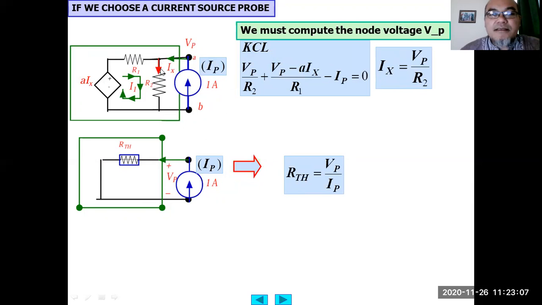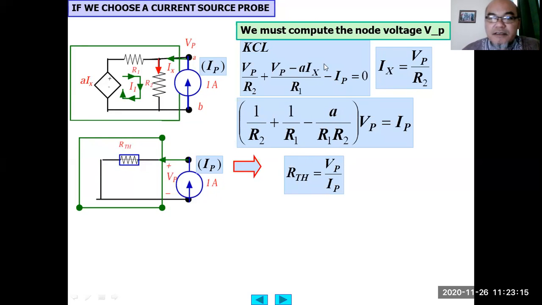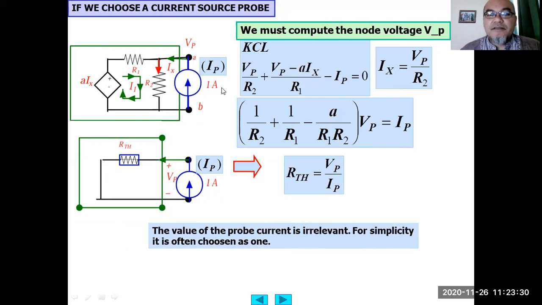And here IX equals VP divided by R2, so it's basically similar to the previous slide. Then we can substitute this into this part, so 1 over R2 plus 1 over R1 negative A divided by R1 R2, times VP equals IP, this current source. So usually we choose IP to be 1 ampere, or 1 milliampere, so that after obtaining VP we can calculate the Thevenin resistance.